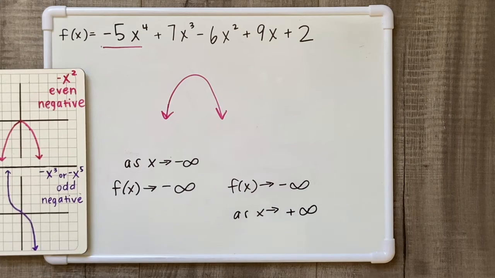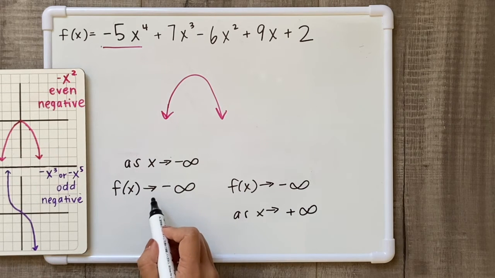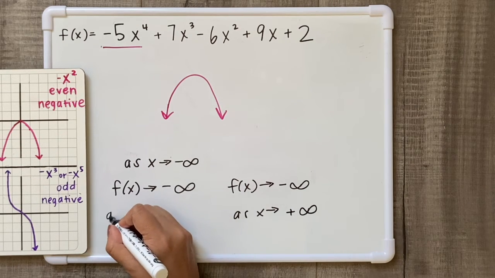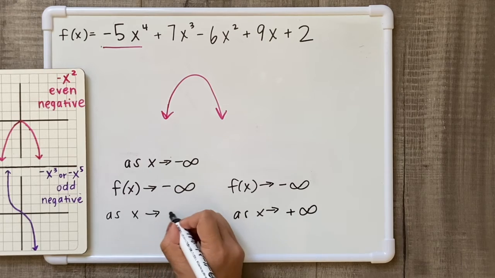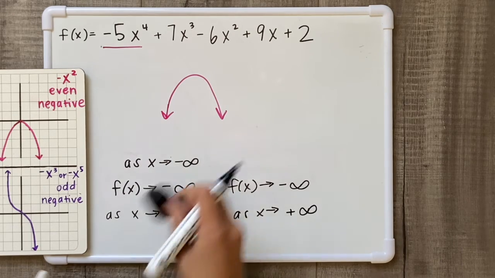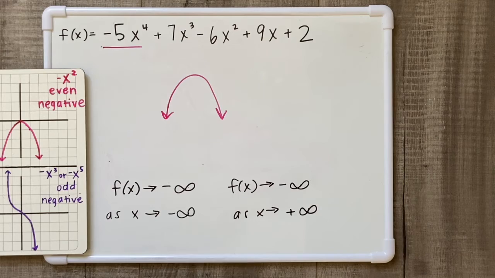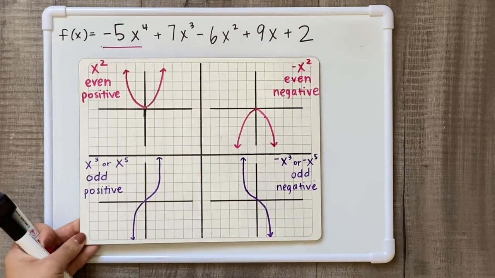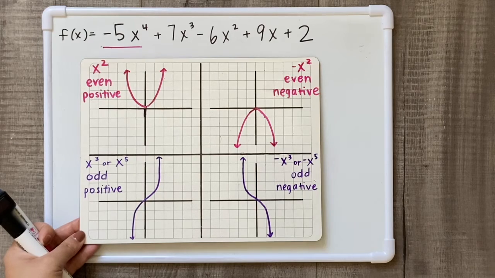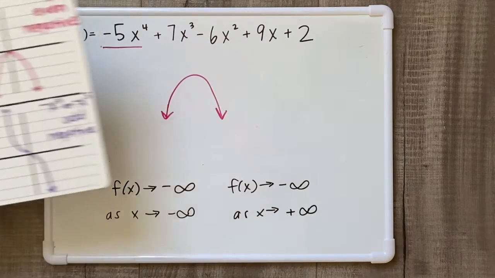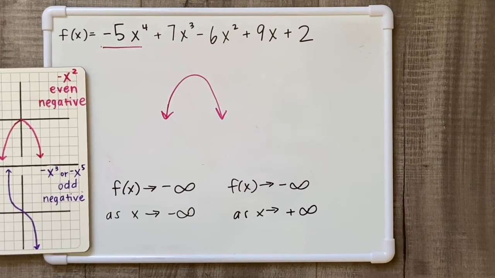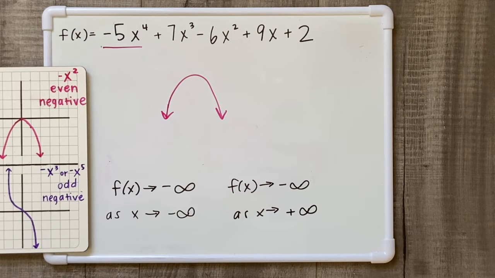Then same with the left, you're actually going to end up writing f of x approaches negative infinity as x approaches negative infinity. So if you can just memorize what the shapes of the graphs are, what the end behavior looks like, then all it is a matter of writing down and describing what it looks like in terms of f of x and x.